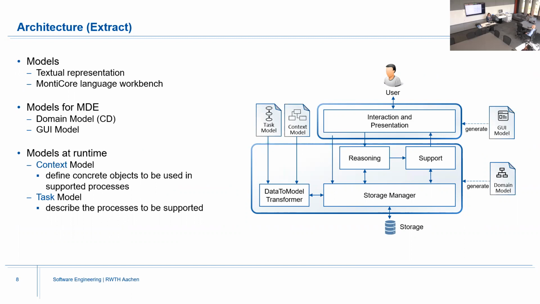Now we additionally added models at runtime, basically a context model and a task model. The context model is used to define concrete objects. You have some domain information in your domain model, but then you need the concrete instances of these objects of real life. For that, we have this context model.